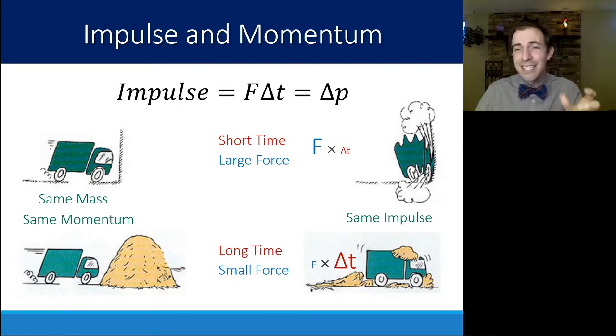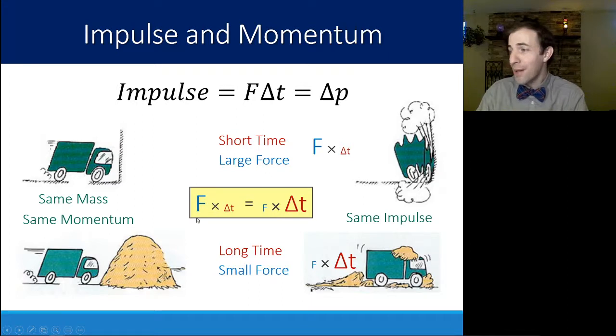But what's different is how the impulse is distributed between the different variables. If I multiply them together, they multiply out to the same thing. It's just that one has a larger force and smaller time, and one has a smaller force and larger time. The result is really important for whoever's driving this truck, though. Even though they have the same impulse, that force is what they're really experiencing.